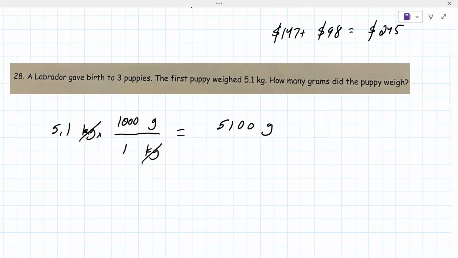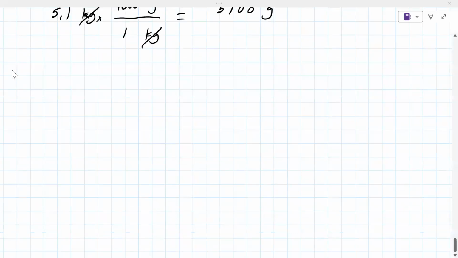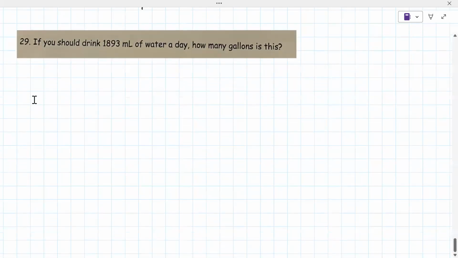Let's do 29 next. 29 says if you drink 1,893 milliliters of water in a day, how many gallons is this? So you're looking to see if you can go from milliliters to gallons. Probably not directly, but you can go liters to gallons.